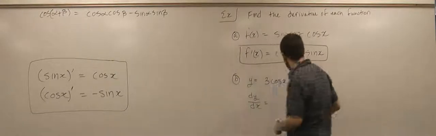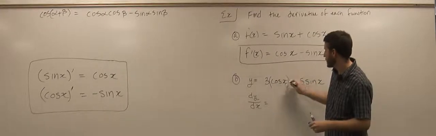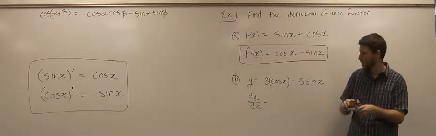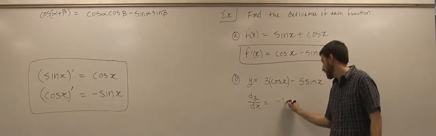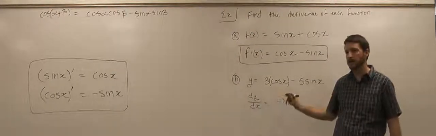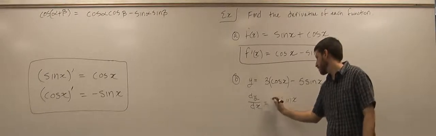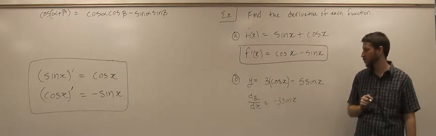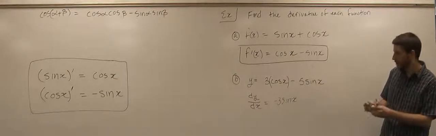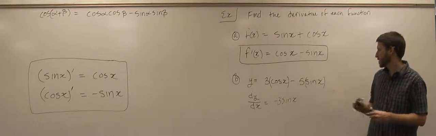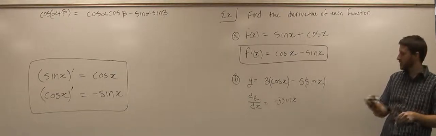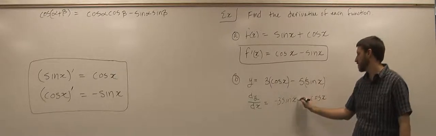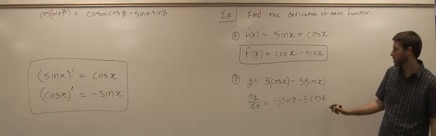When you do your derivative, focus on the guy that has the x. Do the derivative of cosine, what's that? Negative sine. But then that gets multiplied by 3. And then move on. Derivative of sine x is regular cosine x, so you'll put cos x down here, but the minus 5 constant multiple goes along.